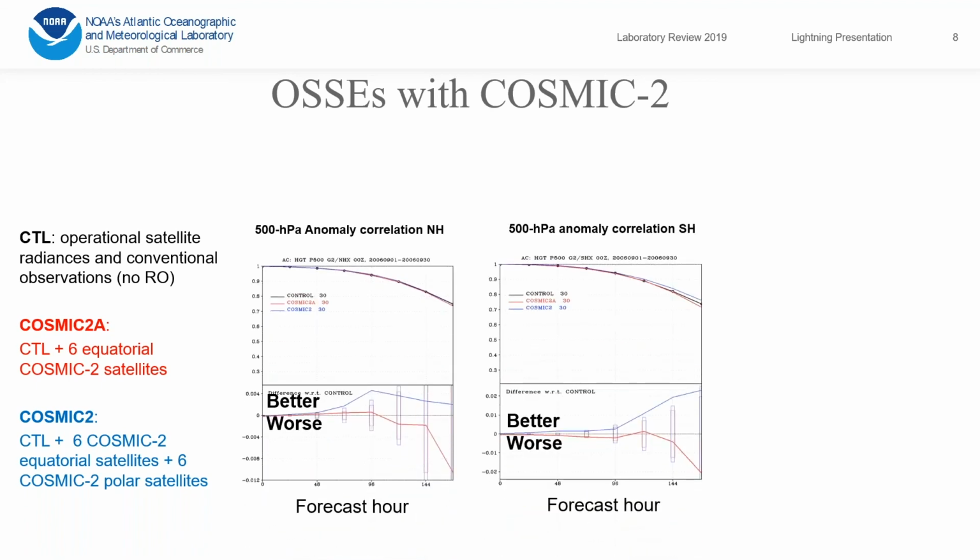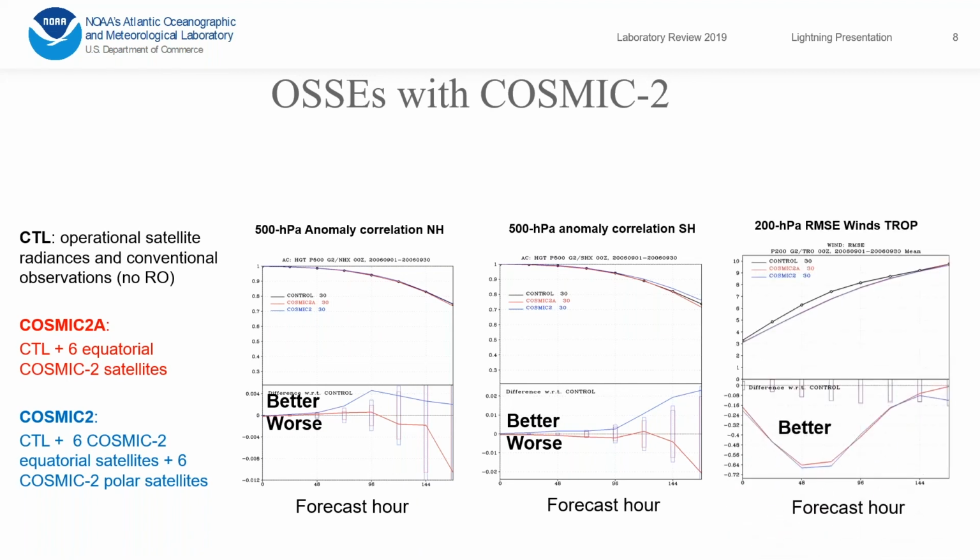This is looking at the 500 millibar anomaly correlation in the extratropics. We have here on the left the northern hemisphere extratropics and the southern hemisphere extratropics. We see the three experiments, and this bottom part shows the difference between each of the two experiments and the control. Above this line means better, below worse. You see here that COSMIC-2A was providing a neutral impact, and there was benefit by adding the polar constellation.